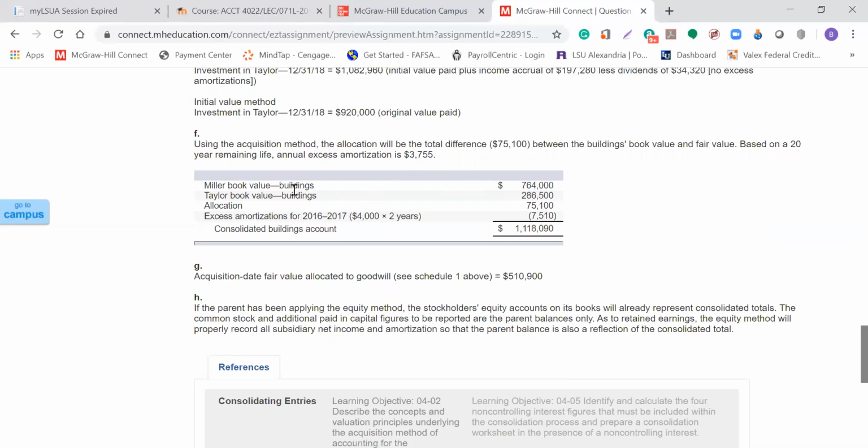Your book value is $764,000 for Miller, 80%. Taylor's is $286,500. Your allocation is $75,100. Excess amortization is $4,000 times the 2 years.